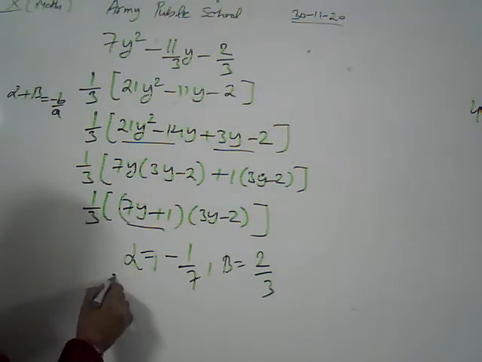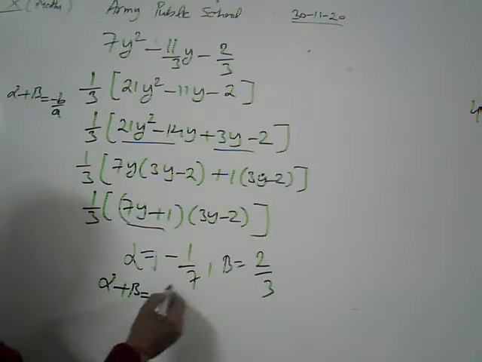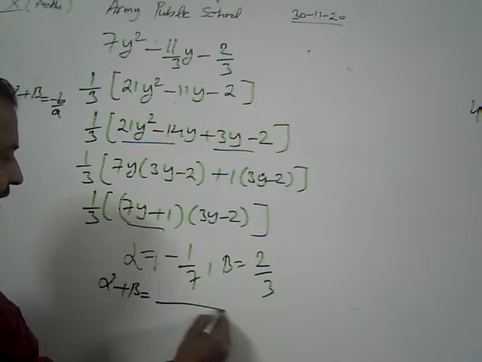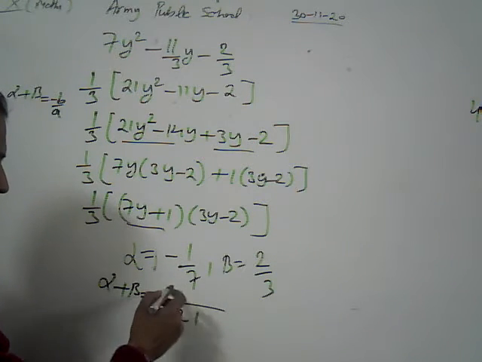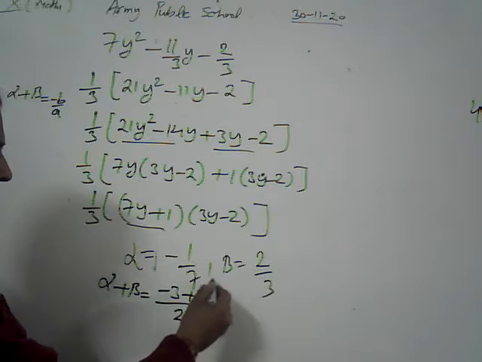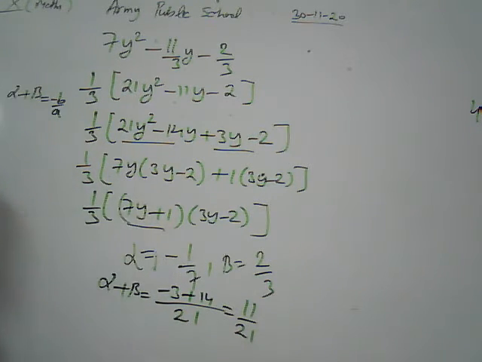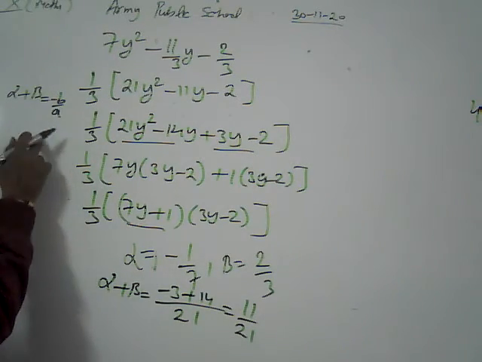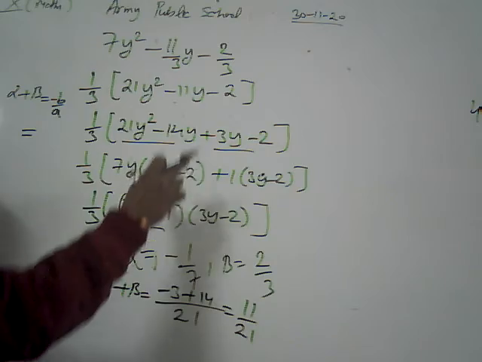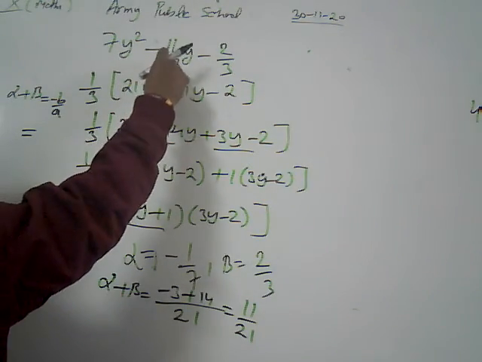When we add alpha plus beta, we get minus 3 plus 14, it's 11 upon 21. Okay, then look, alpha plus beta is 11 by 21. Minus b by a means minus b, so we compare the values.